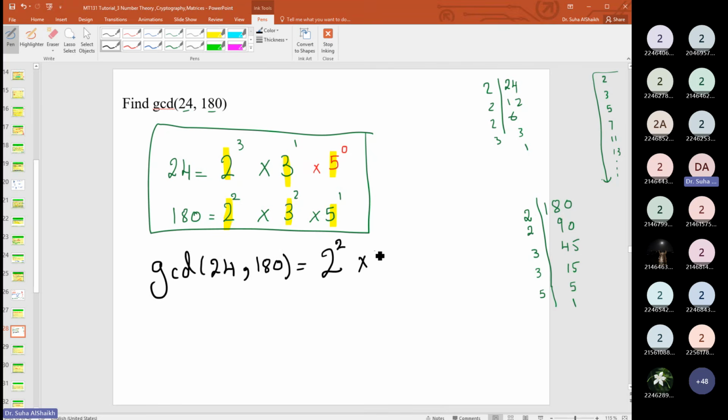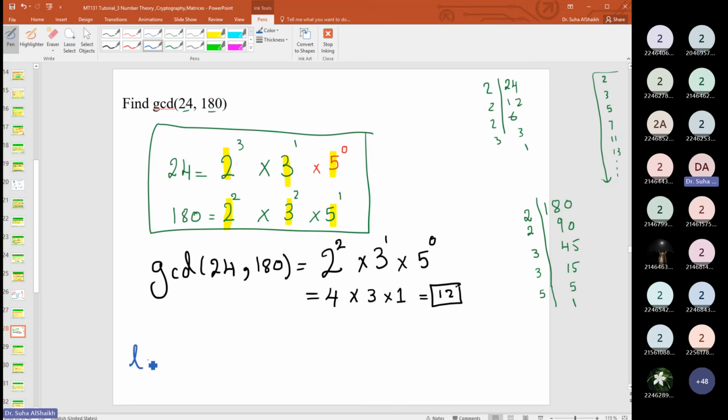Multiply with 3, the minimum power of 3 is 3 power 1. 5, the minimum power of 5 is 5 power 0. So this equals 4 times 3 power 1, which is 3, times 5 power 0, which is 1. So this equals 12.